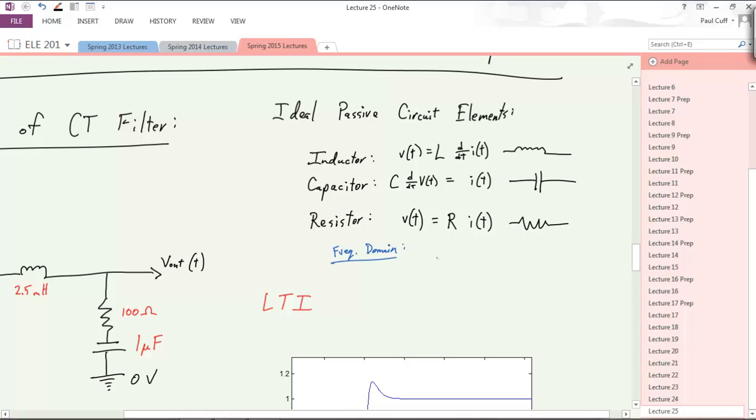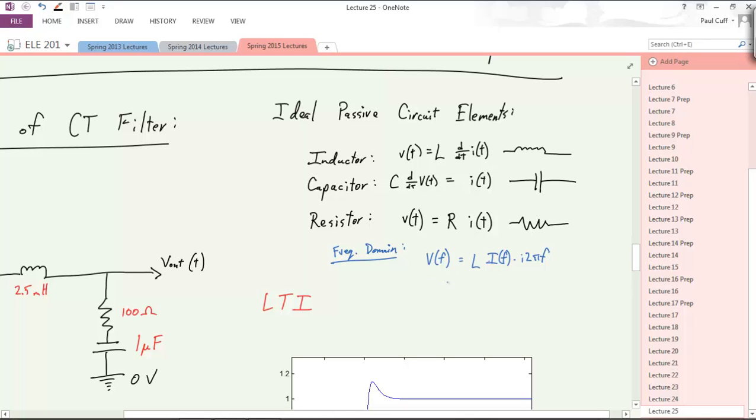We have a derivative rule. So we know that V of f equals L times the derivative of I, and when you take the Fourier transform, it's just going to be I of f times i2πf. Okay, so it's just a multiplication there. And the other rules will be similar.